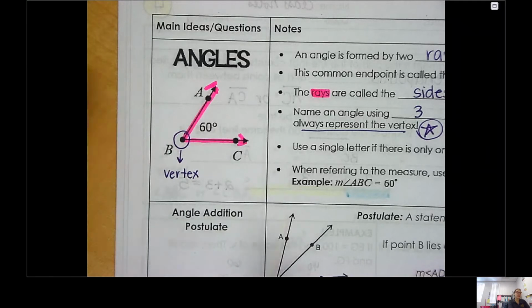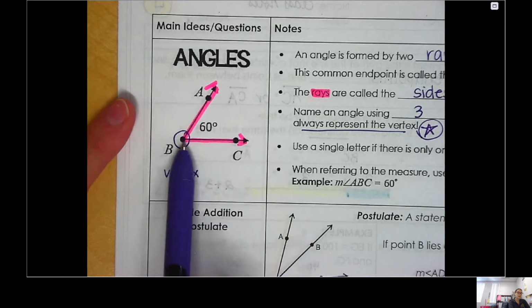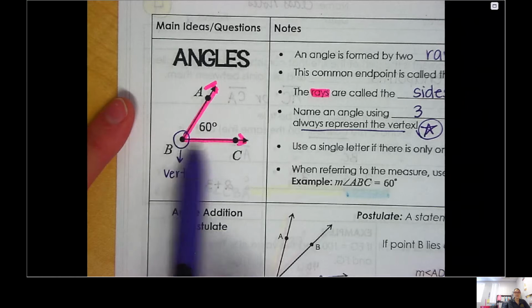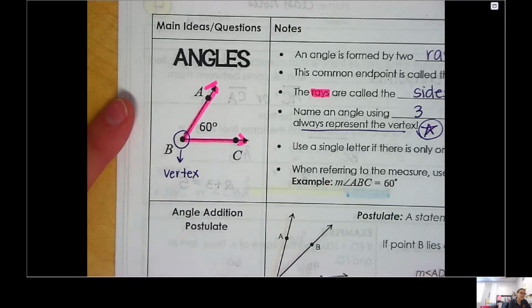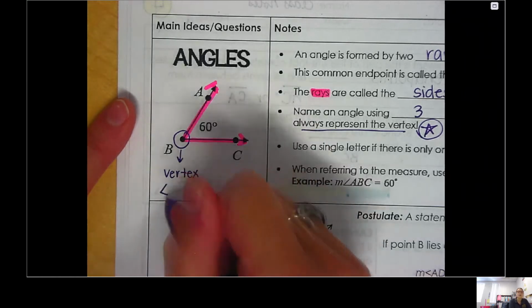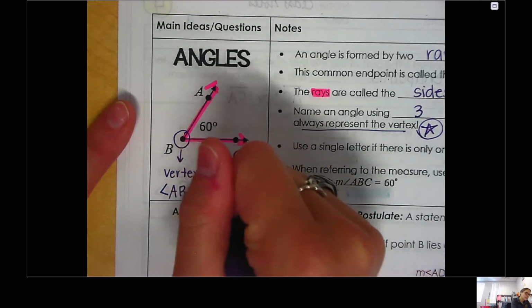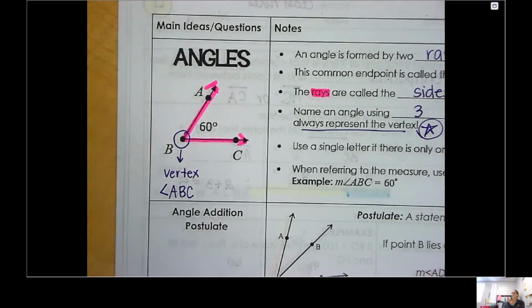So I can call this angle ABC. You start at A, you go towards B, you end at C. That's one way I could name the angle. And when I name it, I put a little angle sign next to it. Angle ABC. So it just shows me that it's an angle.